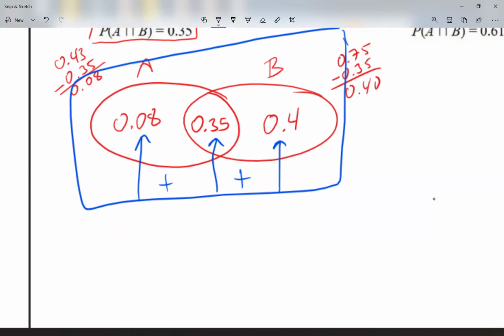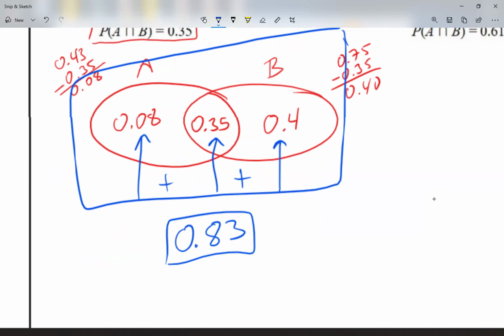So let me add this up. I'm using my calculator. 0.08 plus 0.35 plus 0.4. And my calculator says 0.83. Okay, that's it. Now, some people may be wondering, we know how many people chose A, how many chose B, how many chose both, but that's not one, right? What if 0.83 is not one? How much do we need to complete a one? Like, how much is 1 minus 0.83?